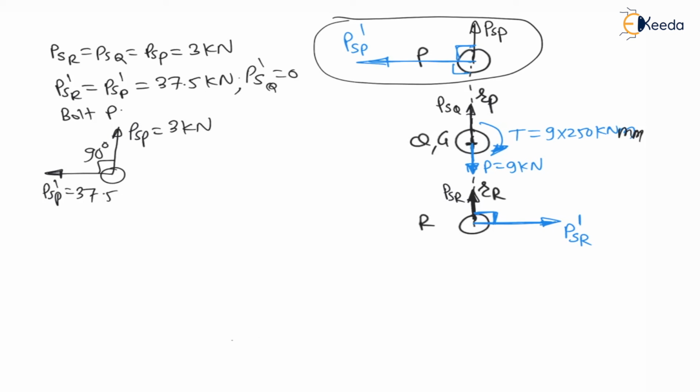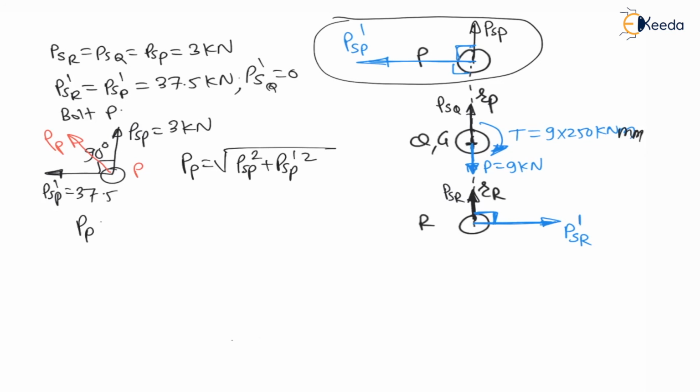Right? Therefore, if I want to find the resultant of them, the resultant on bolt P will be the total shear force on P. Therefore, the total shear force on P will be equal to under root of PSP square plus PSP dash square.